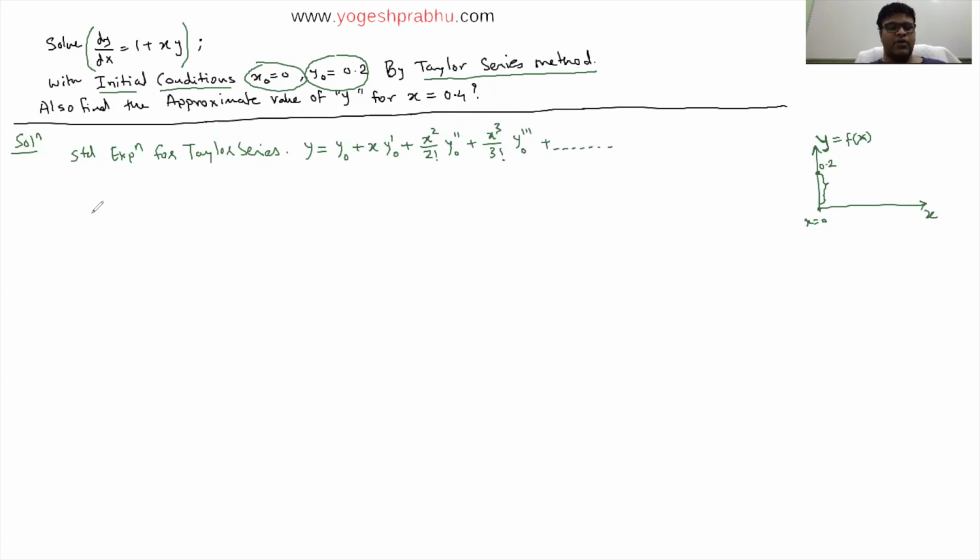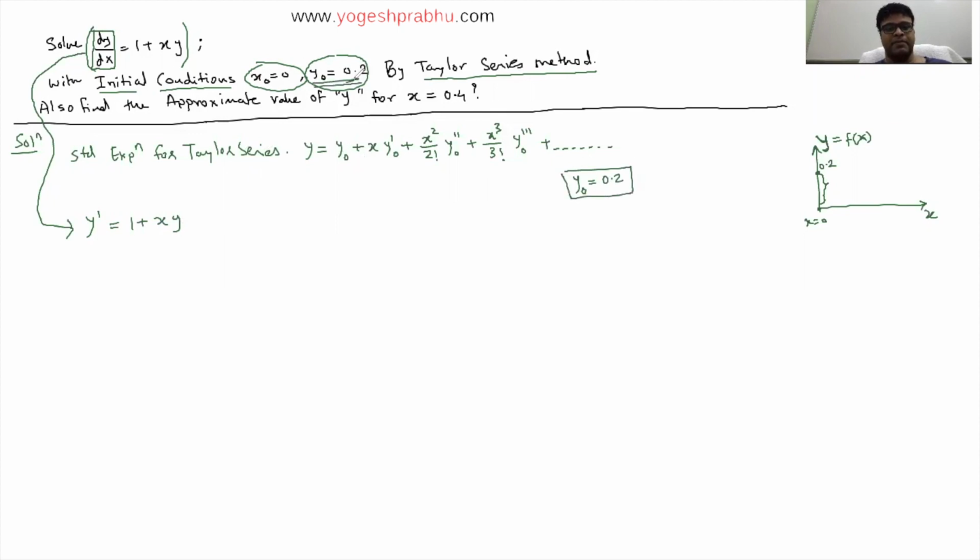All right. So now what we have to do is from this equation here, we will replace this dy by dx as y prime, or you can say y dash. And this y dash is equal to 1 plus xy. Now I just want you to understand that we already have y naught as 0.2. I get this because it is given over here.